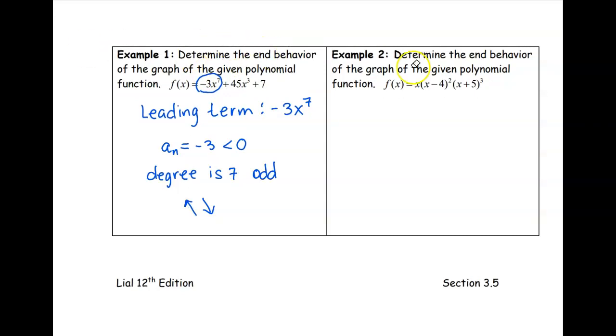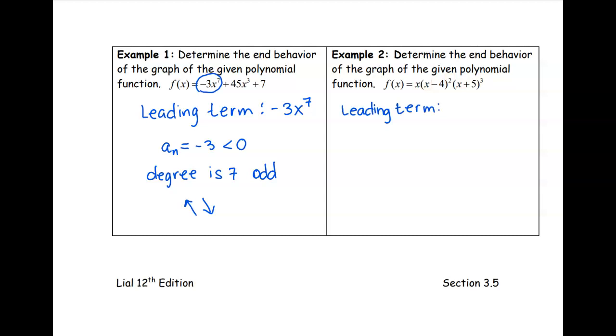Example number 2. Determine the end behavior of the graph of the given polynomial function. Now, this polynomial function is not written in its standard form, but we can still get the leading term by multiplying this expression raised to this power and this x here raised to that power.